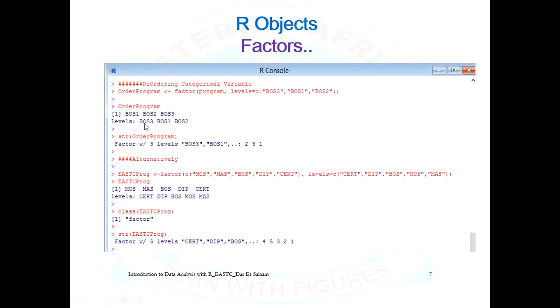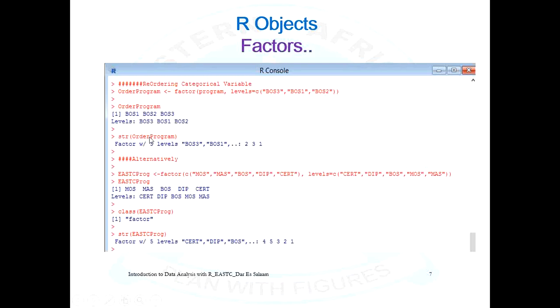Levels: box 3, box 1, box 2. What does it mean? These are the categories, box 1, box 2, and box 3. But this is the arrangement of the levels, meaning box 3 is the first, box 1 the second, and box 2 the third. So with levels, it gives you the arrangement of your categories.